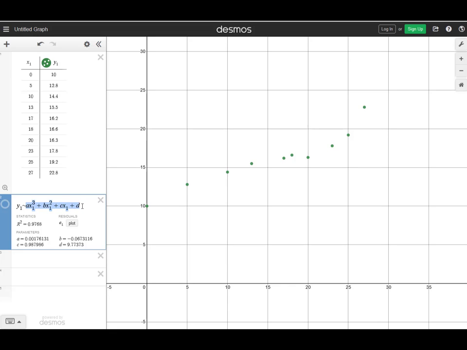A, B, C, and D are what we're trying to find, those coefficients. And from the calculator, we had those values approximated. If I turn this on, if you take a look, it approximates that relationship between the points pretty well. Of course, some are above and some are below the curve, but it's approximating this relationship very well. Like this point's almost on the curve. Okay, so that is our regression model for this set of data.